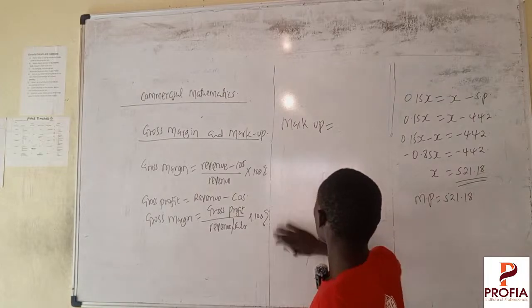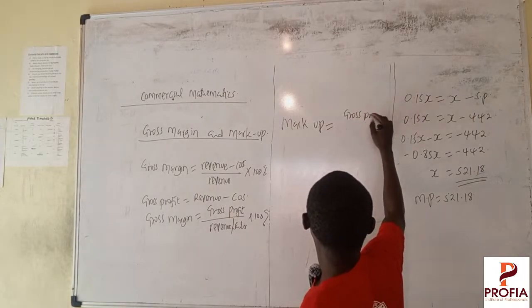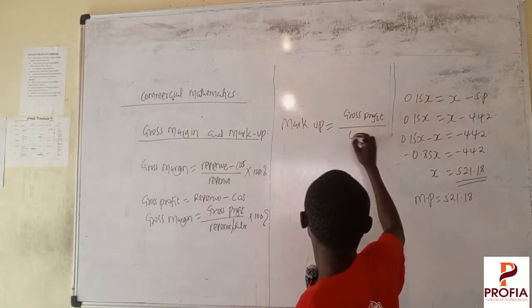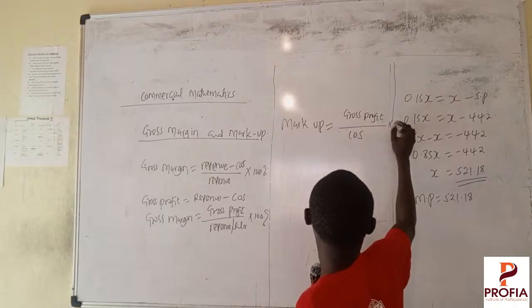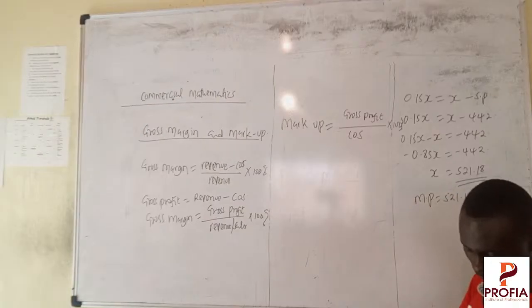So markup is the gross profit over cost of goods sold times 100%.